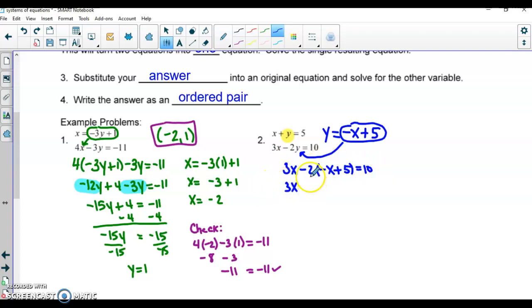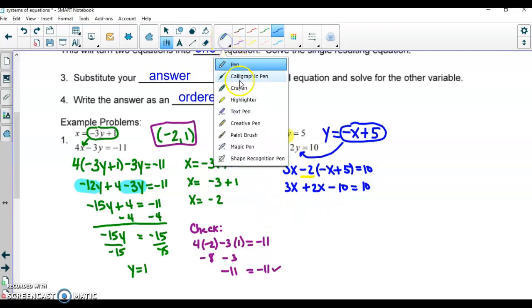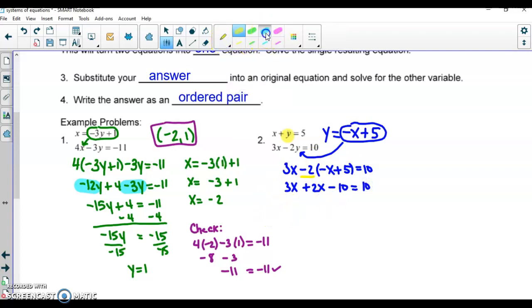So we're going to distribute. Be careful when distributing here because I'm distributing a negative 2 throughout. So negative 2 times negative x is plus 2x. Negative 2 times 5 is negative 10 equals 10. Next, combine your like terms.